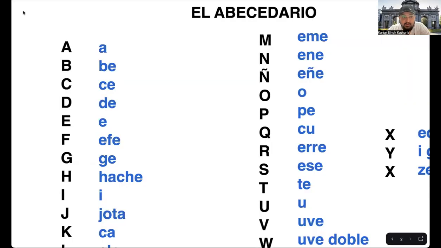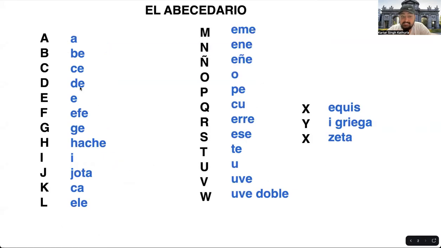So from now onwards, instead of saying the English letter names, you have to memorize the Spanish letter names and say the whole alphabet.